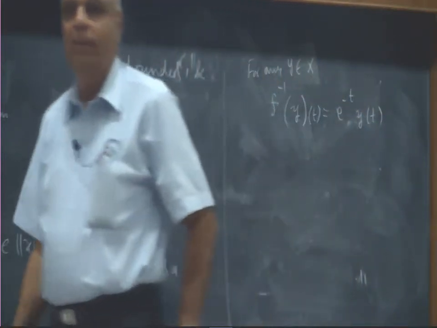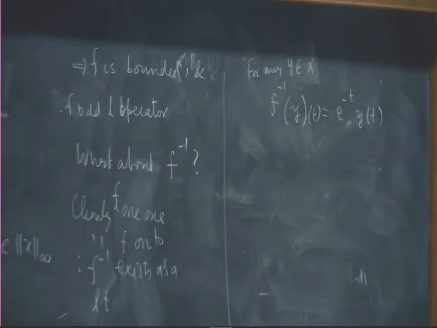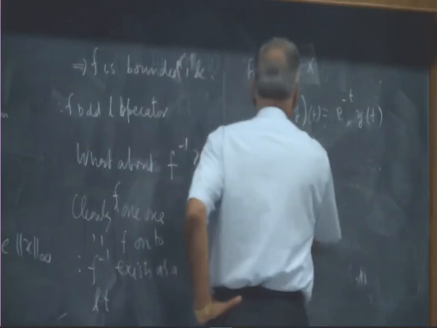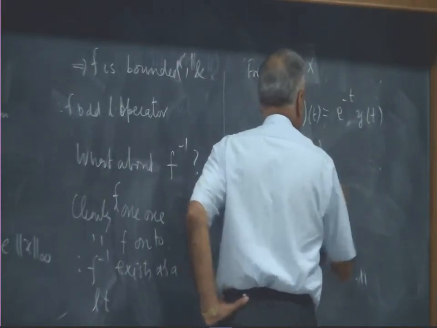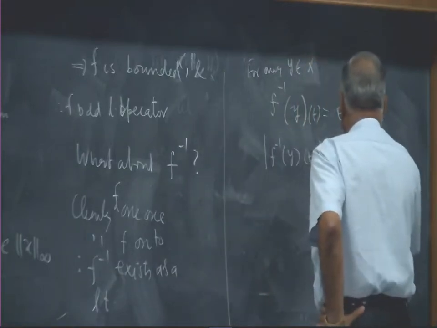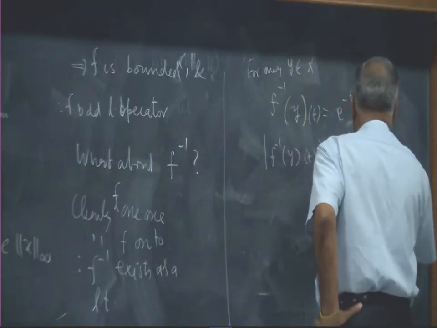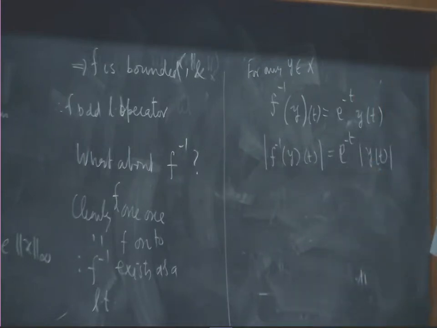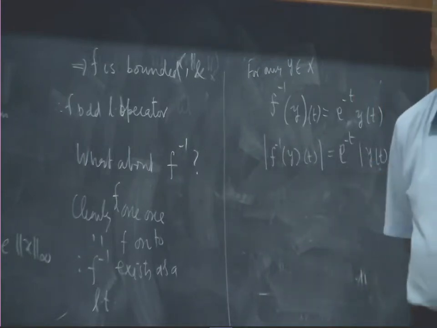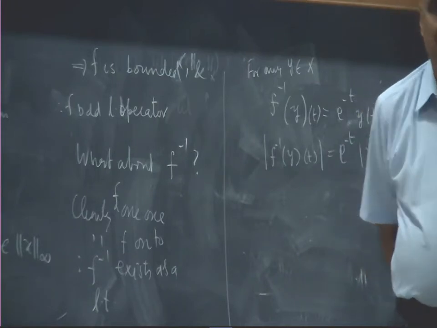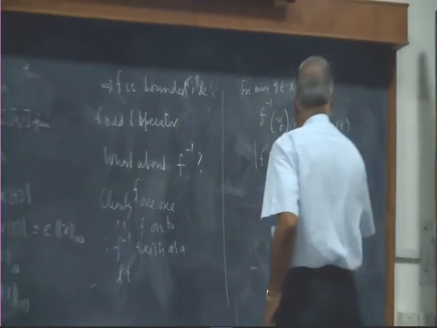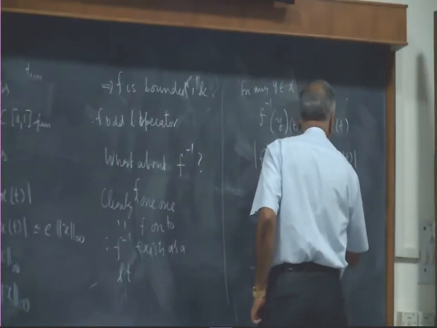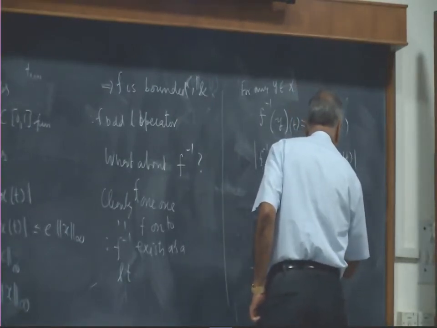And therefore, the modulus of f inverse y t is e to the minus t, which is non-negative, times the modulus of yt. Now, what is the maximum value of e to the minus t in [0,1]? It is 1, because it starts at 1 and keeps dropping. So that is less than or equal to the modulus of yt, which is less than or equal to its maximum.